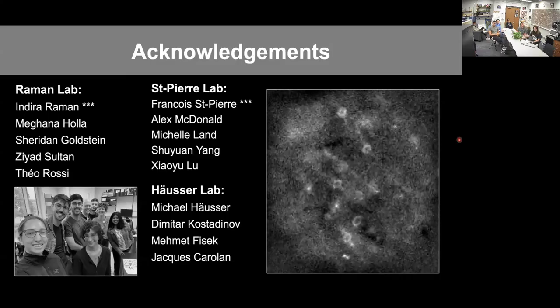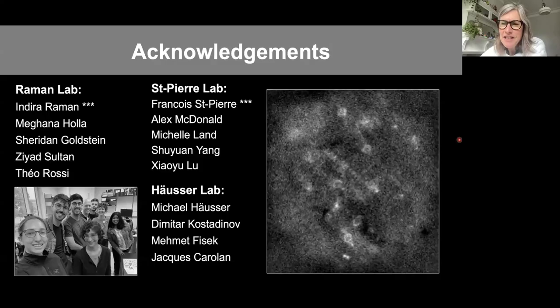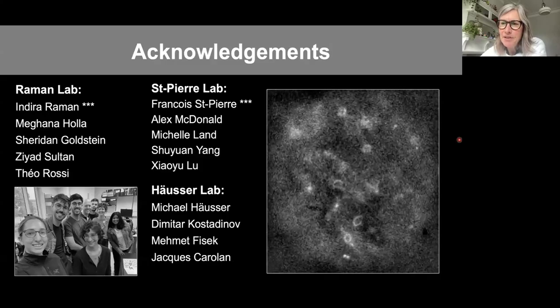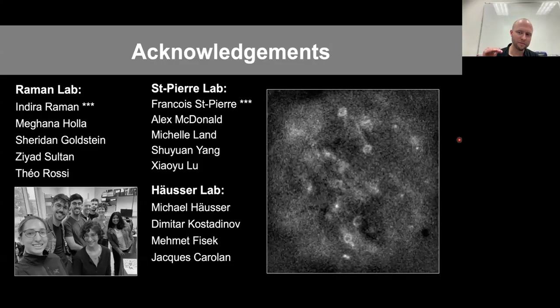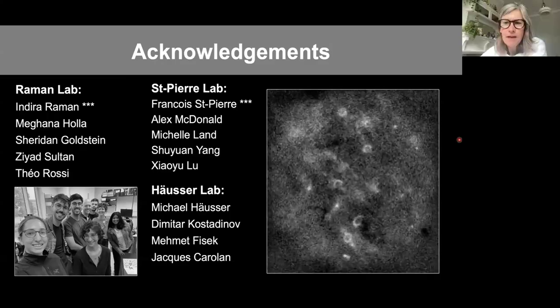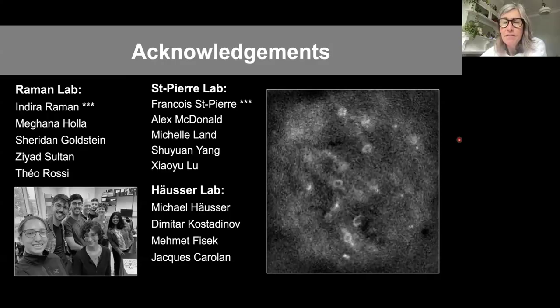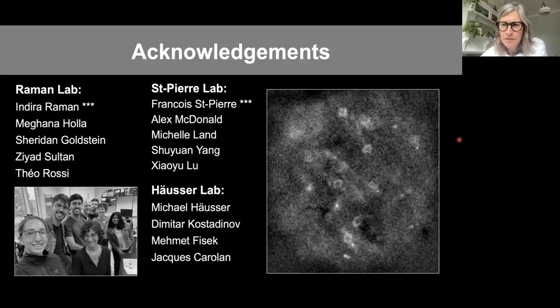Beverly? Hey, Spencer. How deep in the molecular layer do you think you're imaging? So this is about 50 to 70 microns deep. Okay, that might be relevant to the subpopulations that you can access of the molecular layer interneuron types.